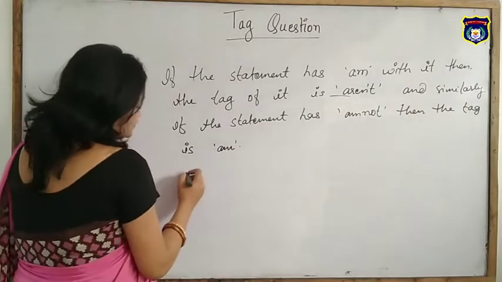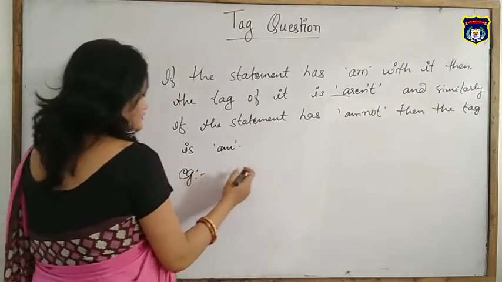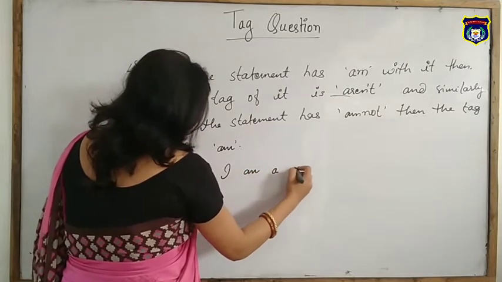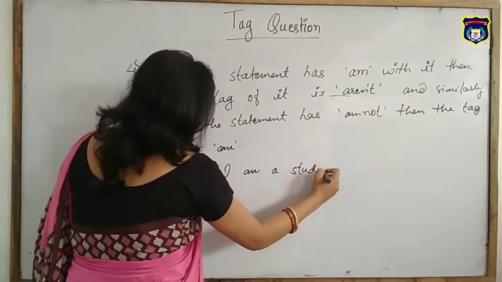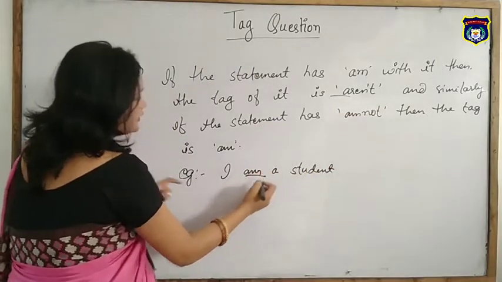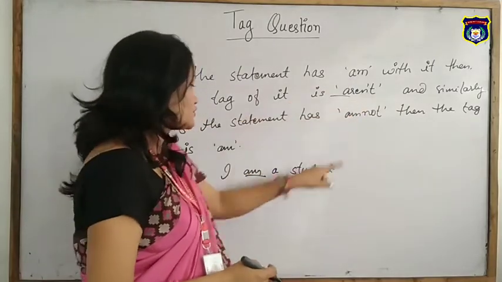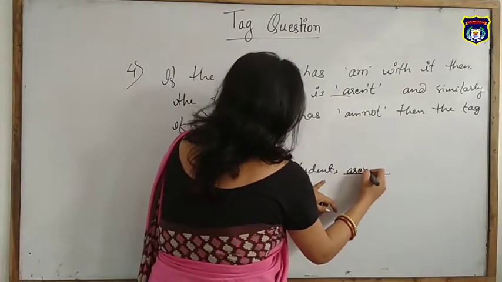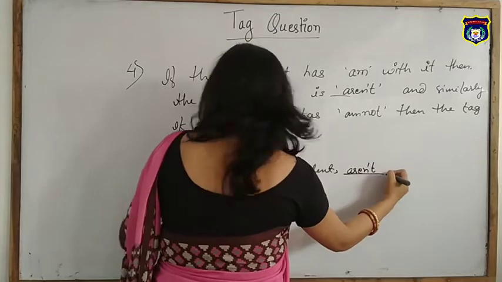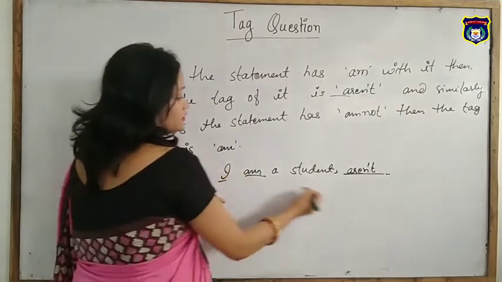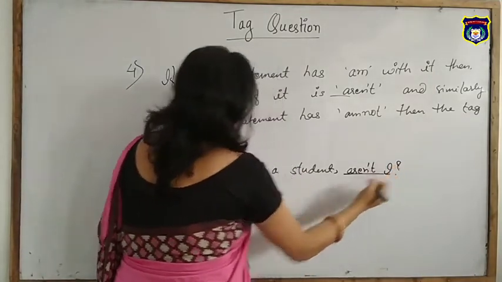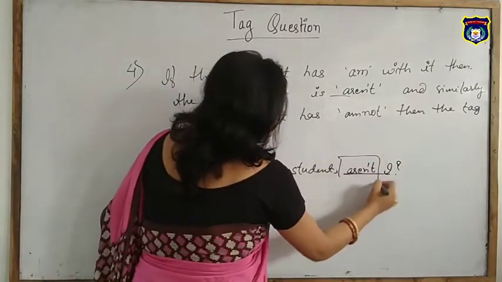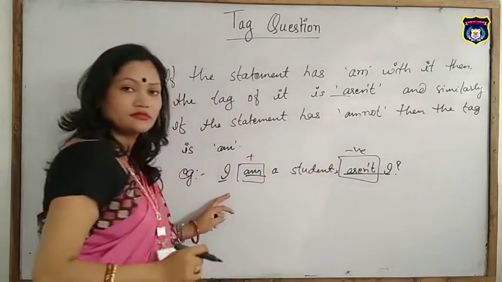Now to clarify it more, let's see one example of it. I am a student. Now it is here am. So for am we must go to aren't. Now here I, the subjective pronoun, will be I and a question mark, since it is positive and I am making it the negative tag.